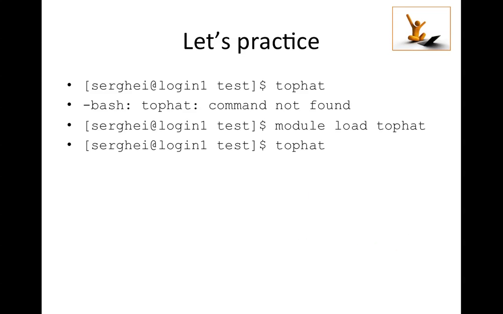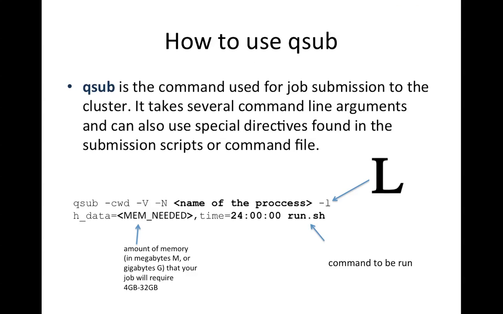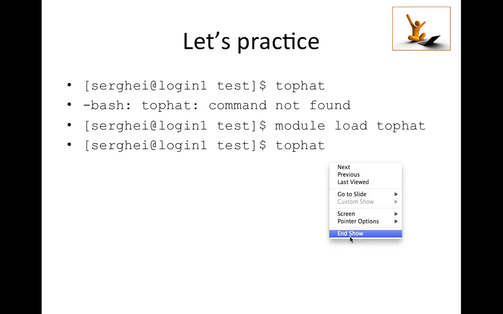If you try to run TopHat, which is the splice-aware alignment tool, you will not be able to, just because it's not yet available to you. So you need to do module load and the name of the tool, and then as you run TopHat, you will see that it works. Basically, it shows you the help message. Let's try it.